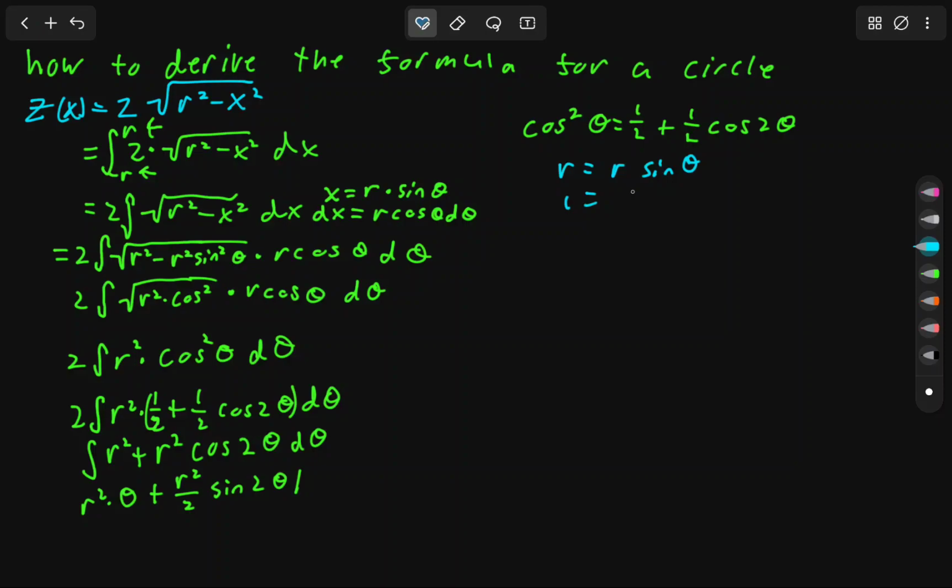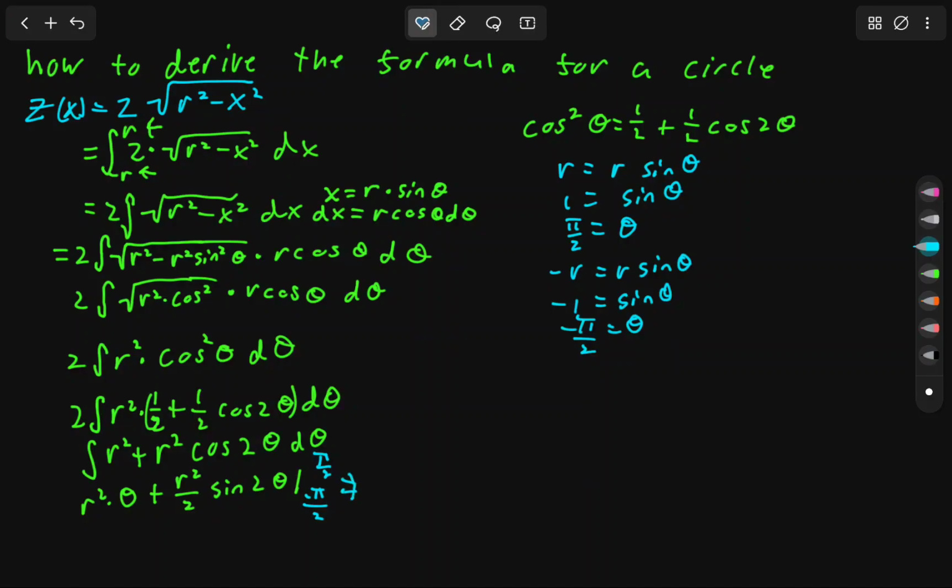So we get 1 is equal to sine of theta, or theta is going to be equal to, well, sine is equal to 1 at pi over 2. Then solving for the lower bound, negative r, we get negative r is equal to r sine theta. So sine theta is equal to negative 1, so theta must be equal to negative pi over 2. So we're evaluating this from pi over 2 to negative pi over 2.